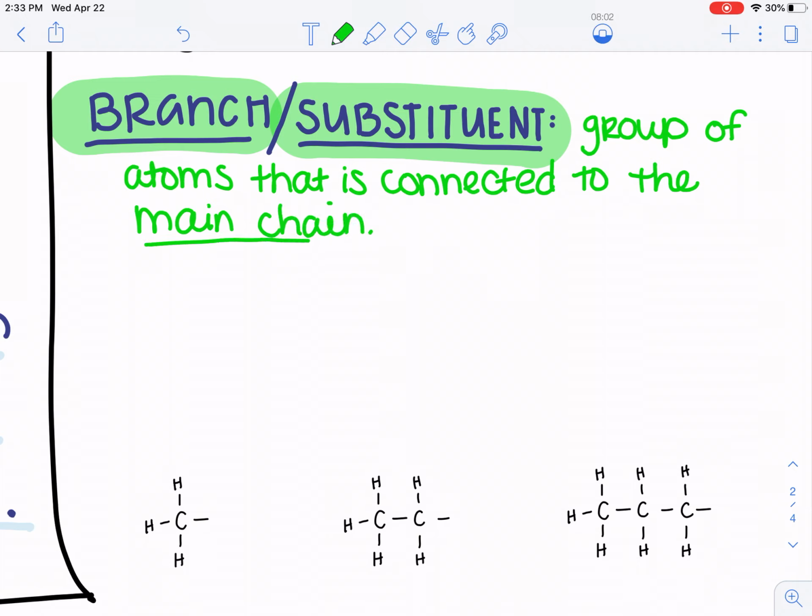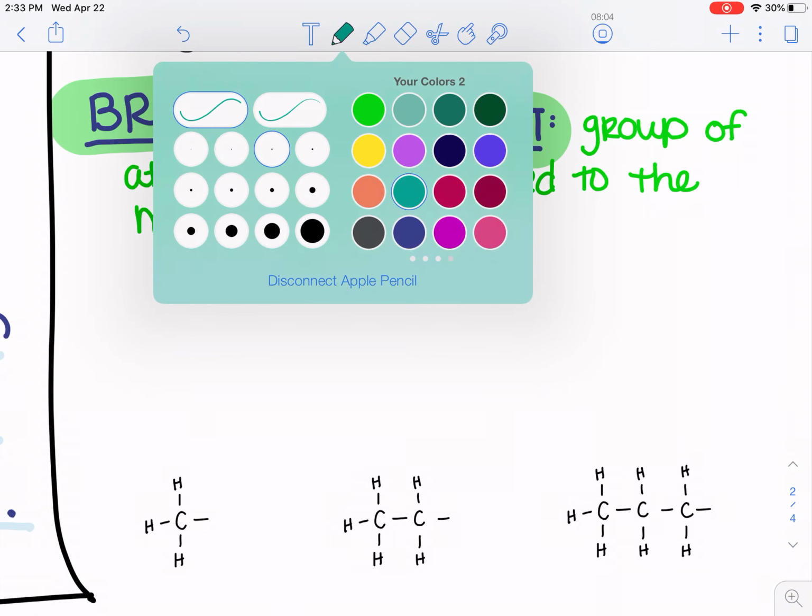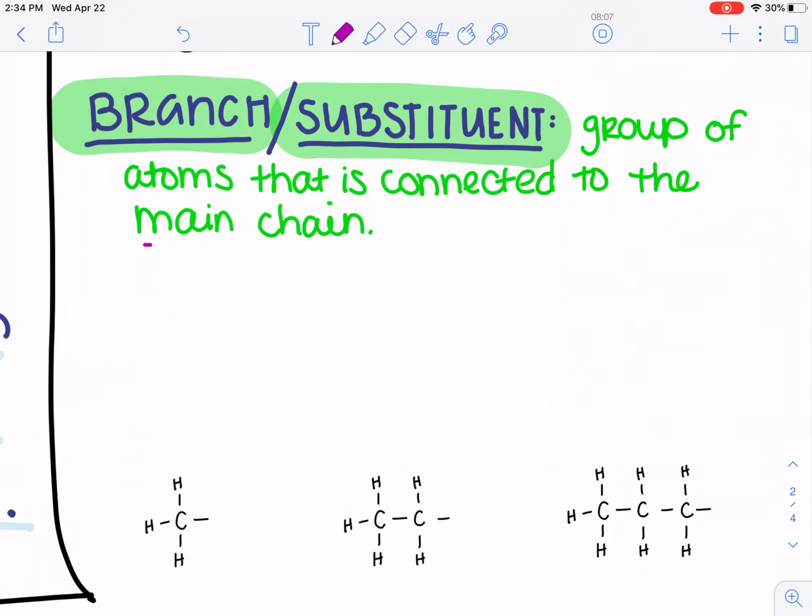The main chain is going to be the longest chain of atoms, or chain of carbons, in the molecule.